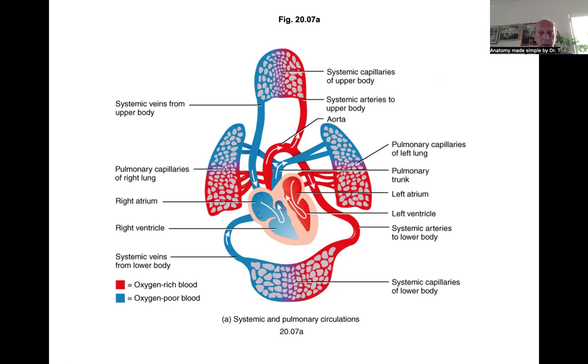Blood gets rid of carbon dioxide, and in turn, it absorbs oxygen from alveoli and across the alveolar wall. Basically, we know this is the respiratory membrane. Once the blood has been oxygenated, it is collected and moved away from the lungs by a system of 2+2 pulmonary veins, which bring oxygen-rich blood back into the left atrium, and we would be at the beginning of the next cardiac cycle.